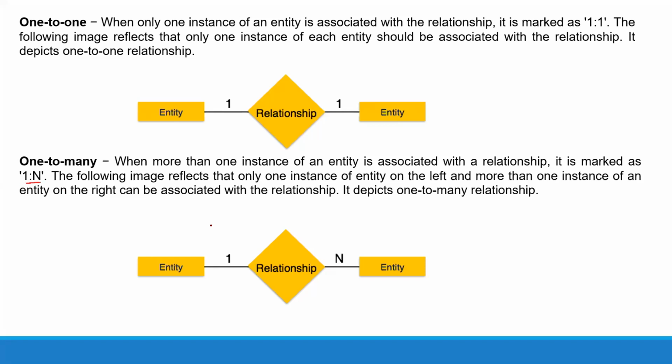This image reflects only one instance of an entity on the left and many instances of an entity on the right, that is n, associated with the relationship. So this is an example of 1 to n.